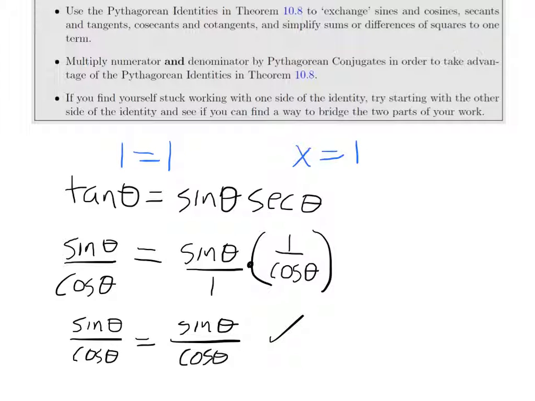So, notice some of the things they say. If you find yourself stuck working with one side, like on the left side, there's nothing else I can do with sine over cosine, I already had it at tangent, then start to work on the other side. See if you can find a way to bridge the two parts of your work until they're equal. Multiply numerator and denominator. Now this is a special technique.